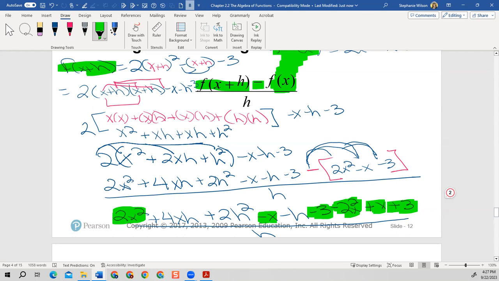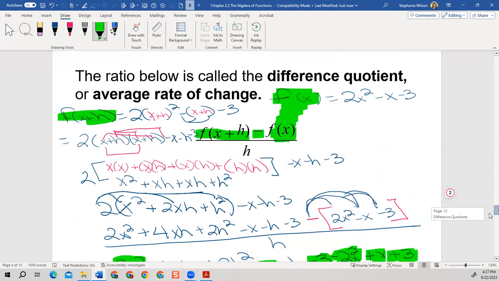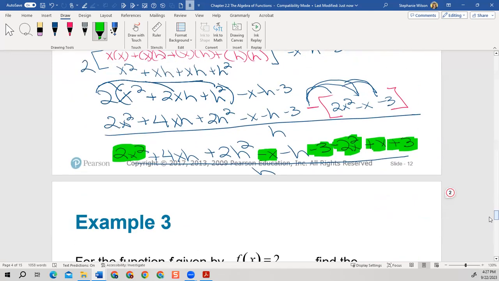If you can cancel out your original function, which was the 2x squared minus x minus 3, I believe. Let me just double check that I didn't write it down wrong. Yeah. Minus x minus 3. So if you could do that, then you know you set this up right.